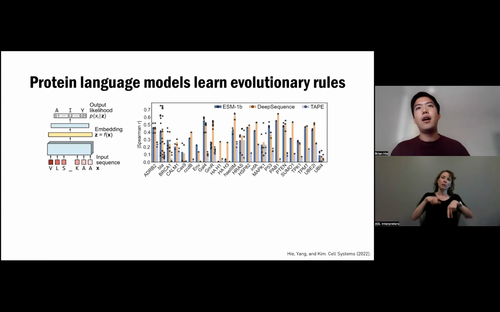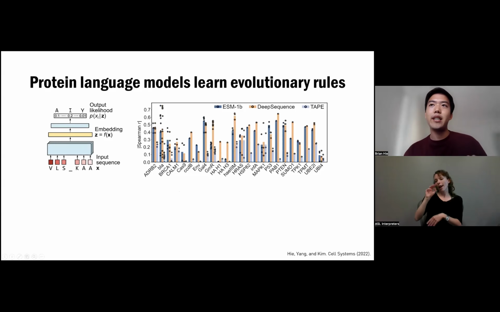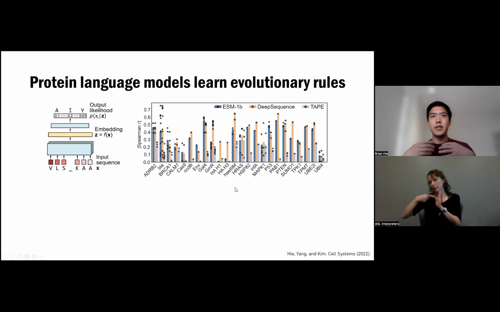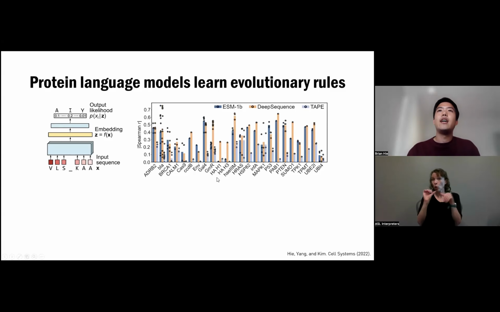But in many cases across many natural proteins, these likelihoods will, without any task-specific training information as to that specific fitness definition, just have good correlation with those experimental measurements obtained through some high-throughput assay. And in some cases, on par with training an epistatic model directly on variation within the sequence family.